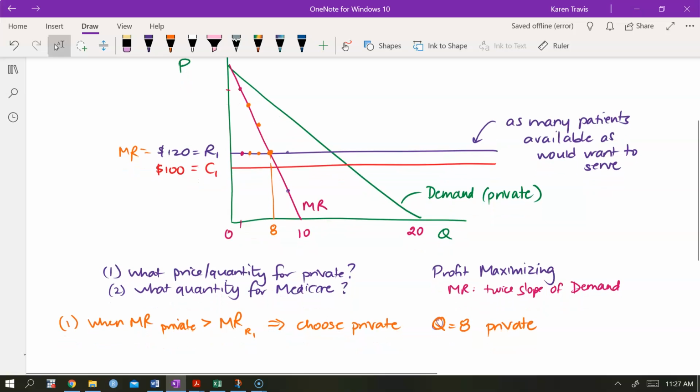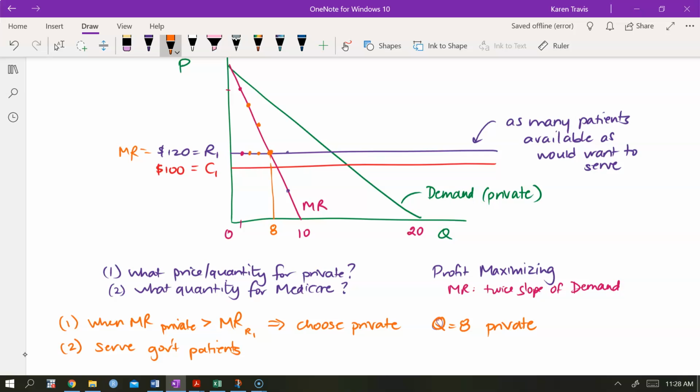And then beyond that point, what we would do is continually serve government patients. And you want to think about R1 as their demand curve.